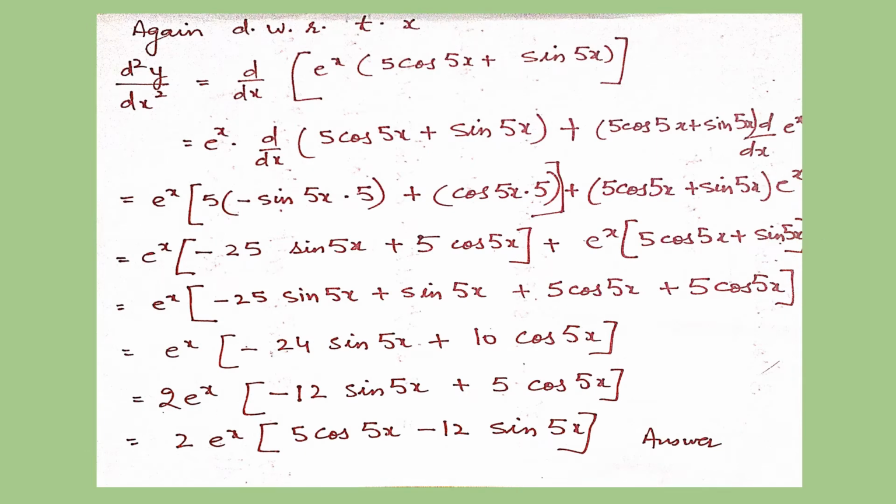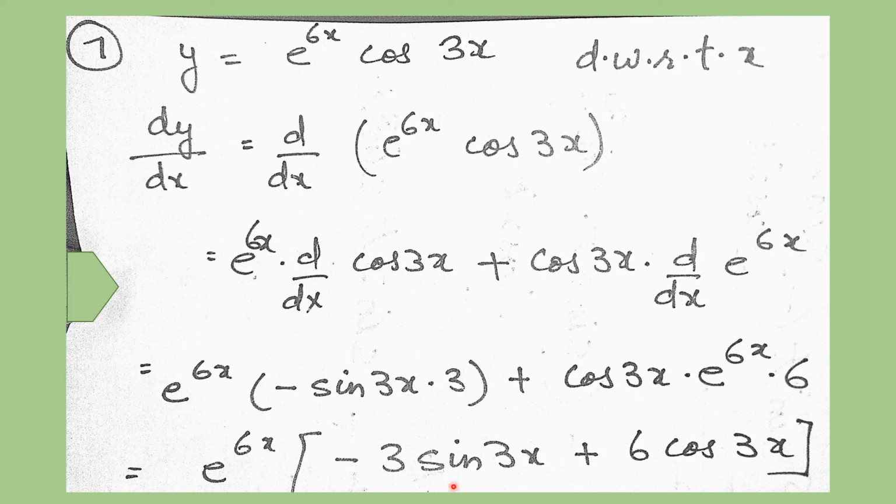Question number 7, right? Now what does the question say? y is equal to e power 6x cos 3x, right? Now differentiate with respect to x. dy by dx is equal to d upon dx e power 6x cos 3x. So now e power 6x is considered one function and cos of 3x is considered one function.